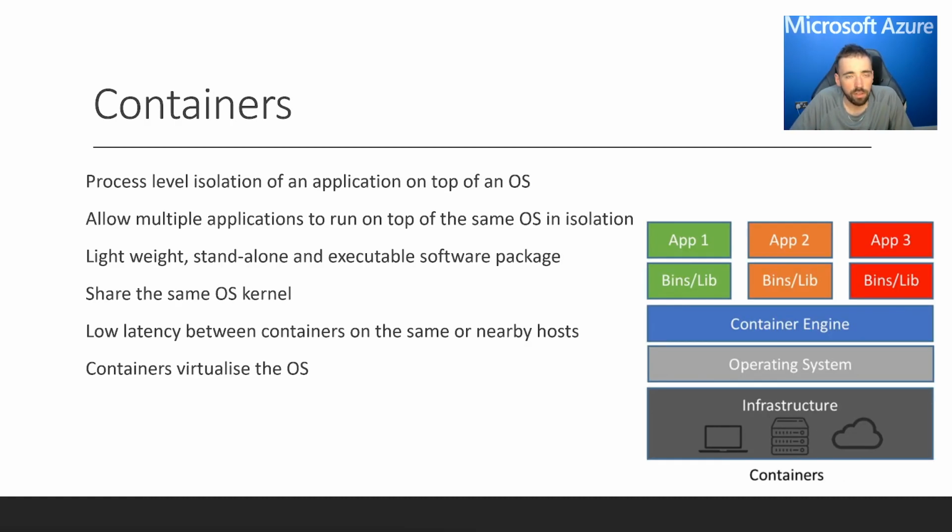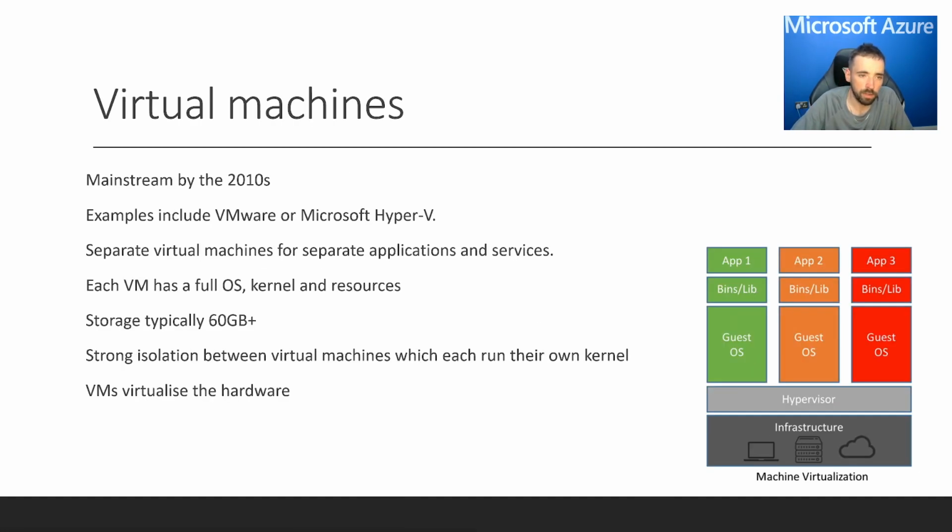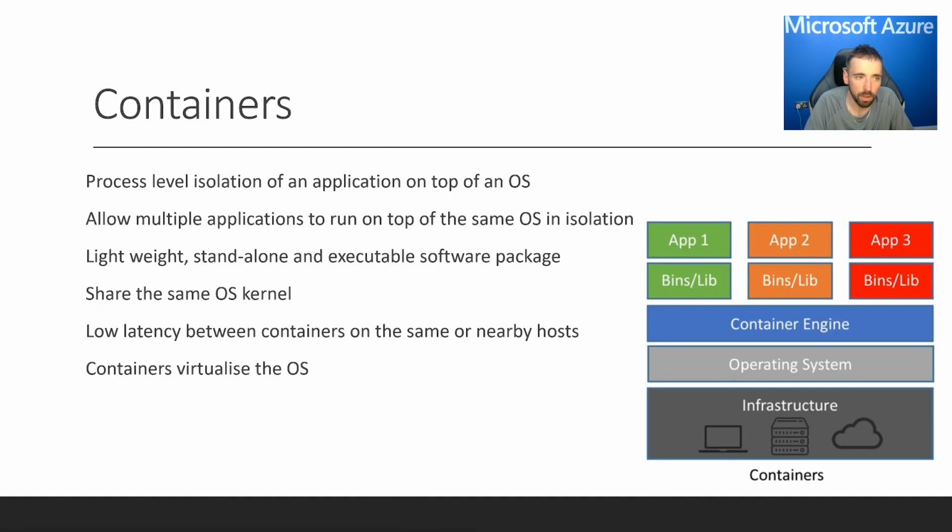This leads us on to containers, and containers now are an even more modern approach than virtual machines, and they provide another layer of virtualization. This time they virtualize the application on top of the same OS. So looking at the previous diagram where we've got those guest operating systems, we've still got one application per operating system there.